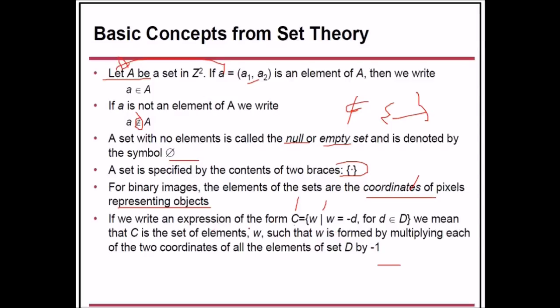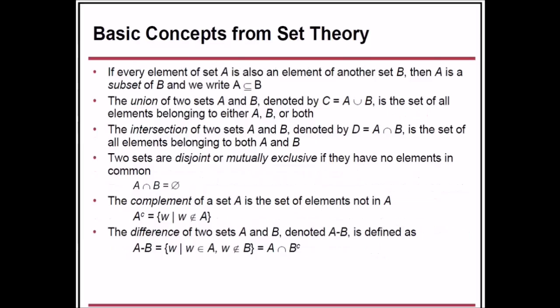This is a form of expression if you want to write. If every element of set A is also an element of set B, we say that A is a subset of B.